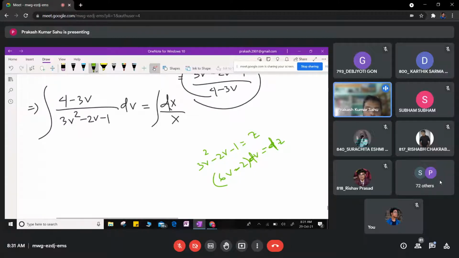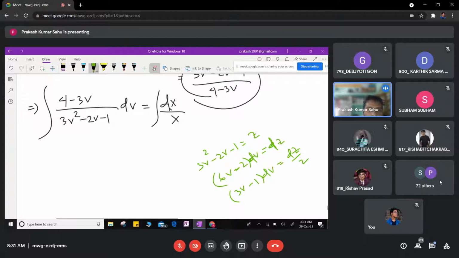Okay, so minus 3v plus 4. So better I take a 2 common. So this is 3v minus 1, into dv is equal to dz by 2.